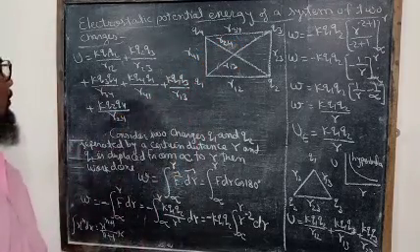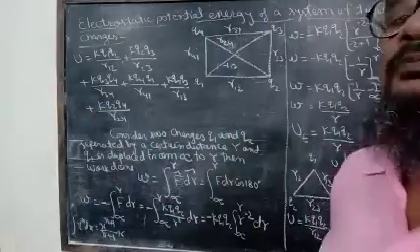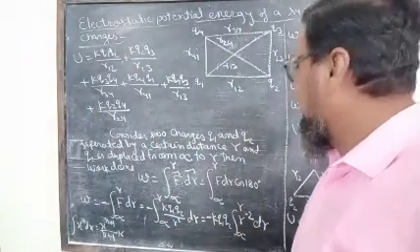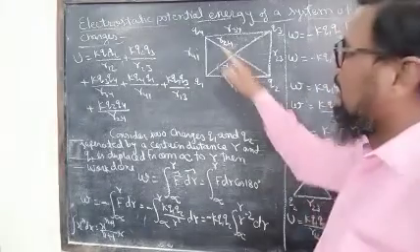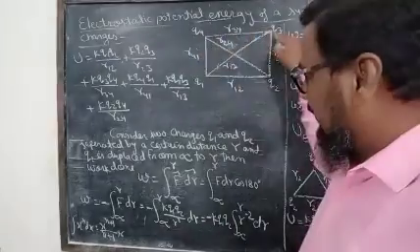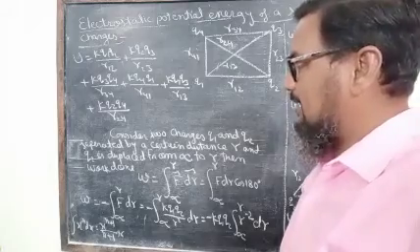So, in this case, there are 6 terms that will come, and for a triangle, 3 terms come, and for a system of 4 particles, 6 terms come.